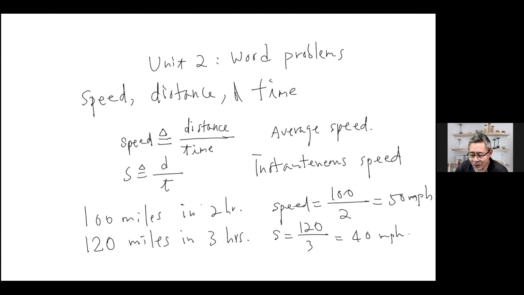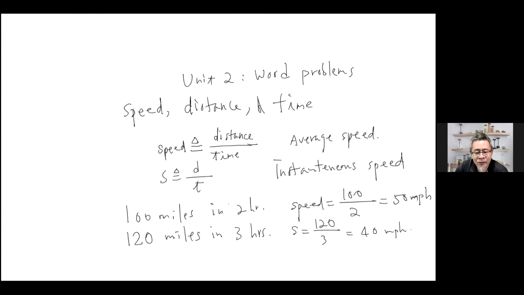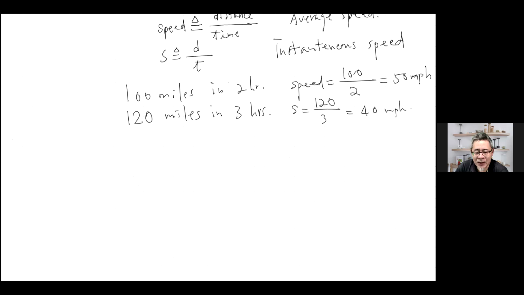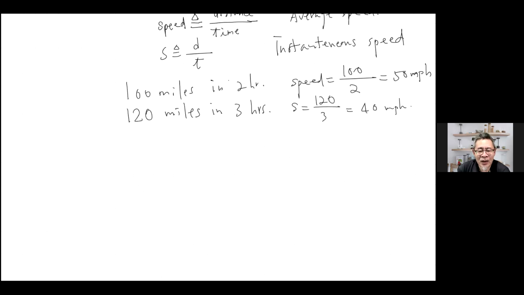Now, knowing the definition that speed is distance over time, if we know the speed and time, we can figure out the distance by a simple algebraic maneuver. Remember when we do algebra, especially when we're dealing with equality, we have basically two properties.